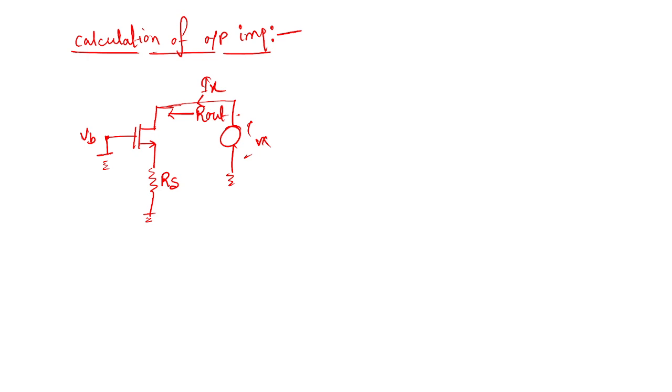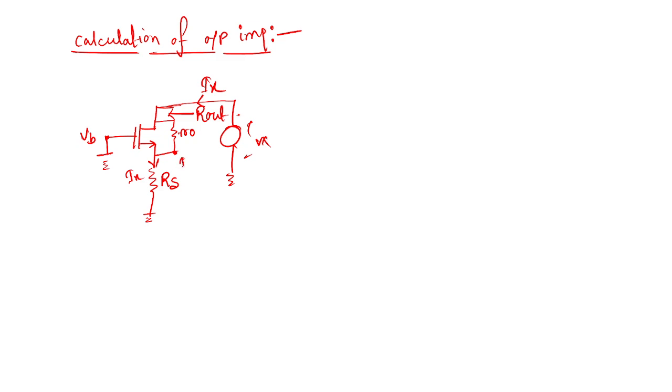To inactivate a voltage source, we make it 0, or short circuit, and to inactivate a current source, we make it open circuit. Here a voltage source is present, so we connected it to the ground and made it a short circuit. So Ix current is flowing through, and this is the R0 present internally. This Ix is also flowing through here.